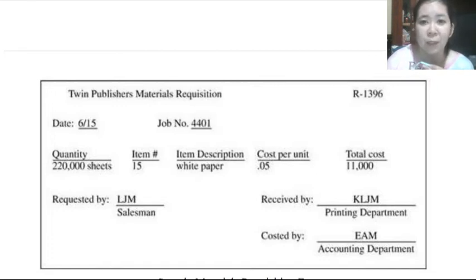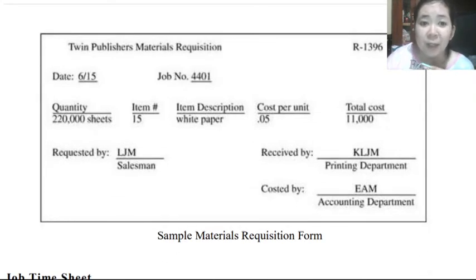It also includes the date and the job number for which these materials will be used. Aside from that, it also shows the quantity, the item number, the description, and its corresponding cost per unit, as well as its total cost.